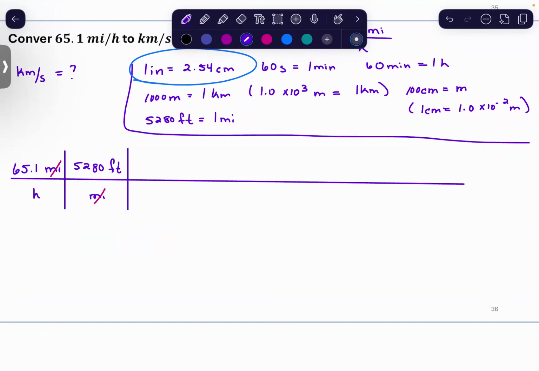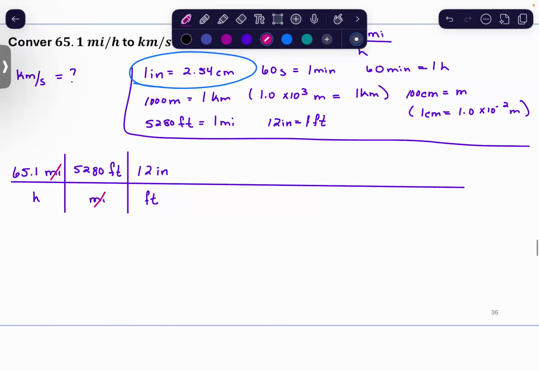So now I have feet per hour. Let's see. 12 inches in a foot. Yep, okay. So there are 12 inches in 1 foot.